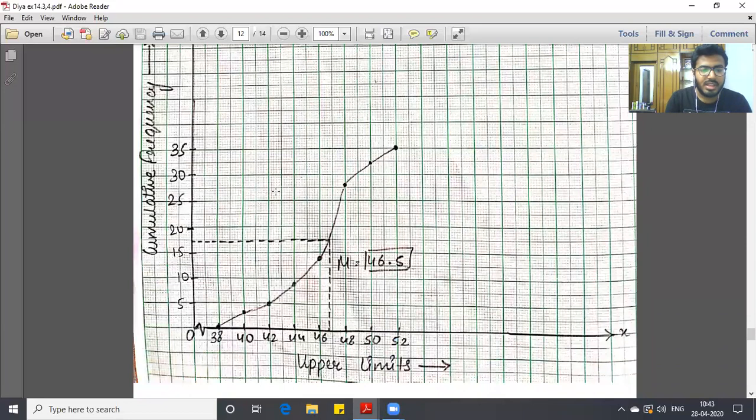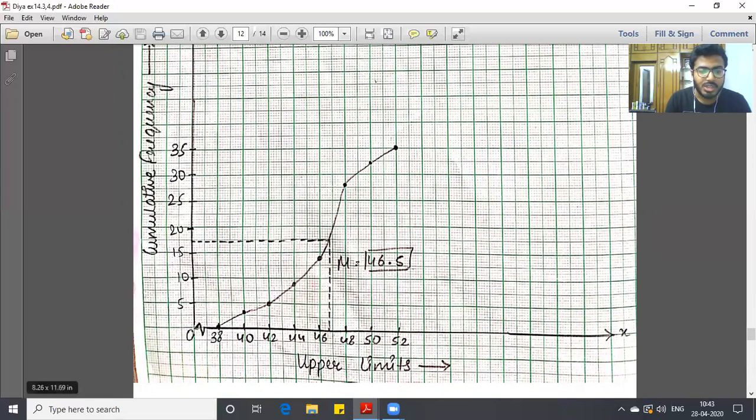The first thing, look at the limits: it starts from 38. On the x-axis you are marking all the upper limits. You start with 0 and then come directly to 38, then 40 and 42. Do you remember from last year that whenever we start from a non-continuous value, we put a zig-zag sign, so that it is continuous behind but we are plotting from in between.